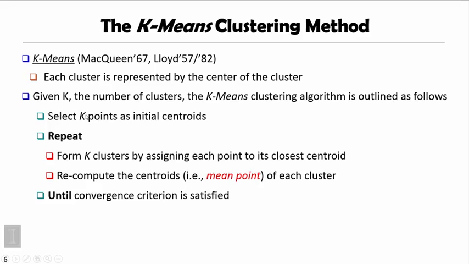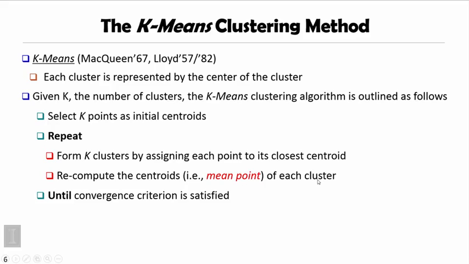Once we have selected the k centroids, we form k clusters by assigning each point to its closest centroid. Once assigned, we need to recompute the centroids because the initial randomly selected centroids may not be very good. So we recompute the centroid, that is, the mean point of each cluster.